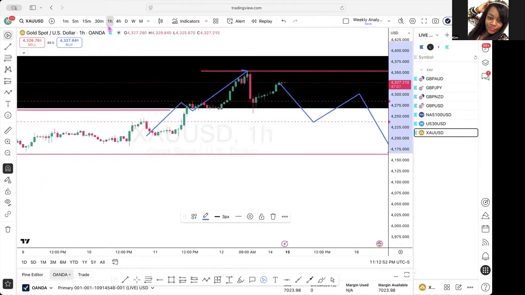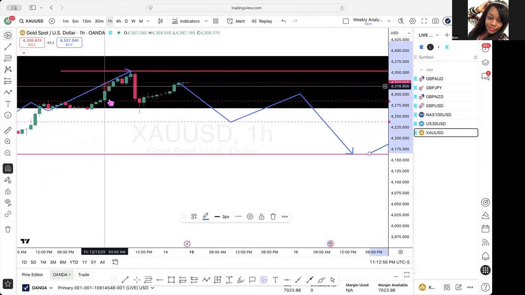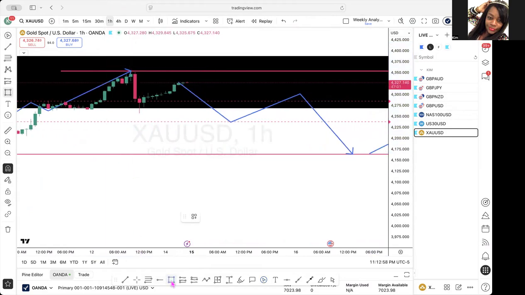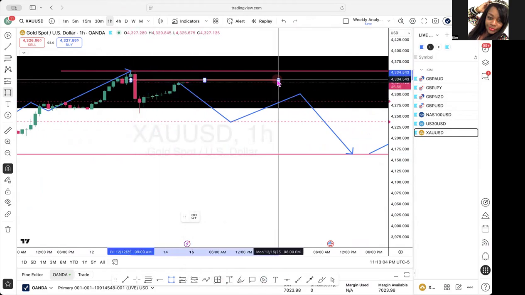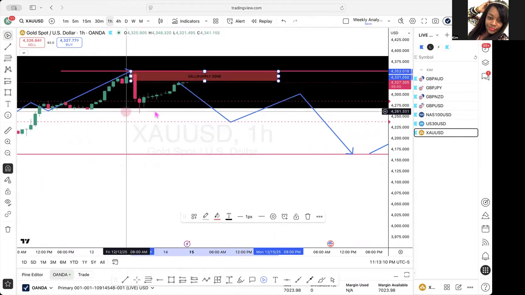So let's go to the 1-hour. So we're currently in this 1-hour supply zone here. Price could push up into here and then shift this low right here.